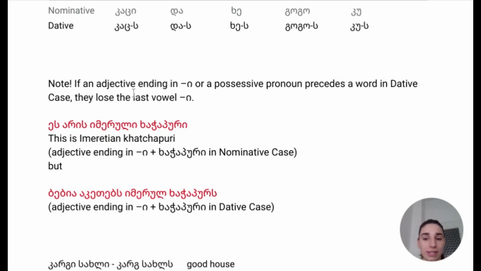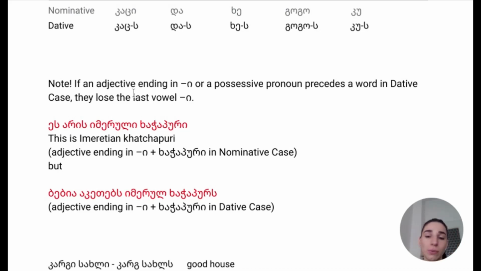For example, we have the sentence, Es aris imeruli khajapuri. Nothing happens, super easy. This is Imeretian khajapuri. Imeruli means Imeretian. You know, maybe you have tried.